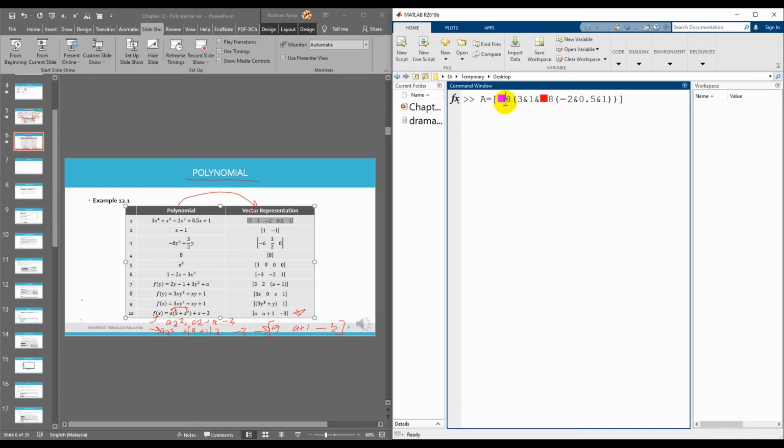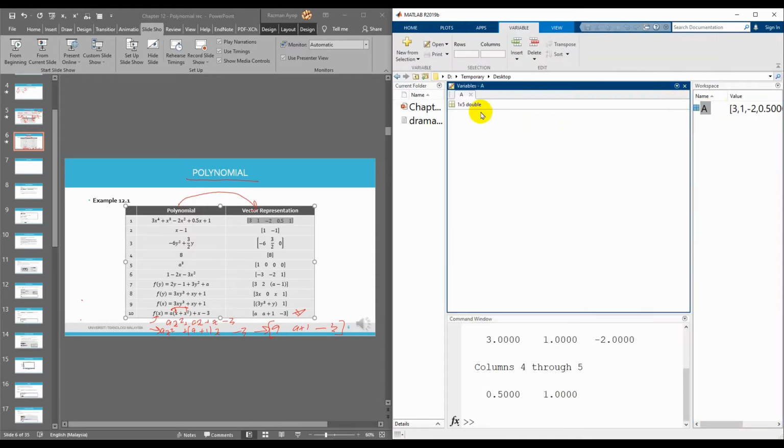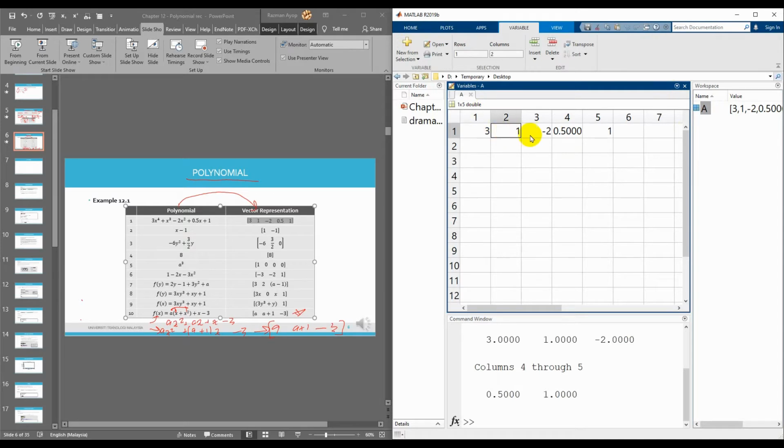I cannot just copy this, so I just have to manually type 3 space 1 space negative 2 space 0.5 space 1, square bracket close. Okay, so you get something like this. It will present something like this: x power of 4, x power of 3, x power of 2, x power of 1, x power of 0. Make sure at the end is the x power of 0.